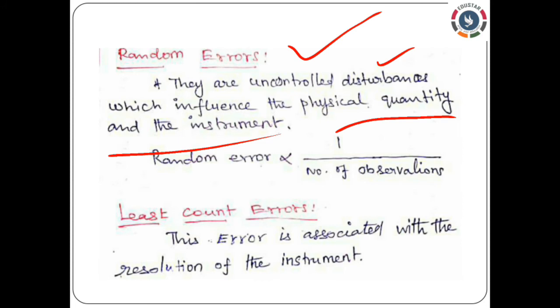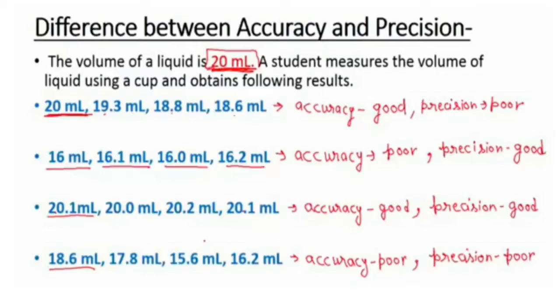For a vernier caliper, the least count is 0.01 centimeter, so it is less accurate than a screw gauge. Due to the errors in these devices, the least count values, they are called least count errors.